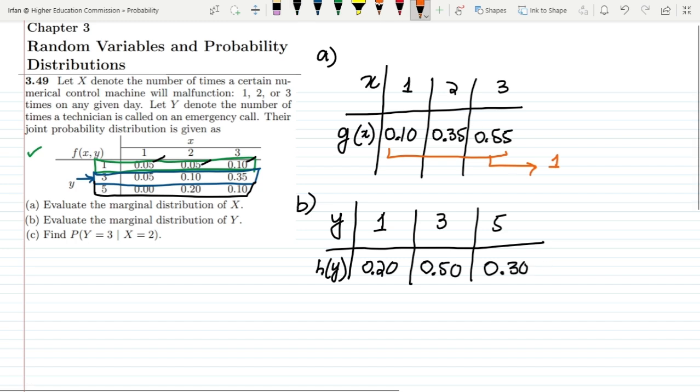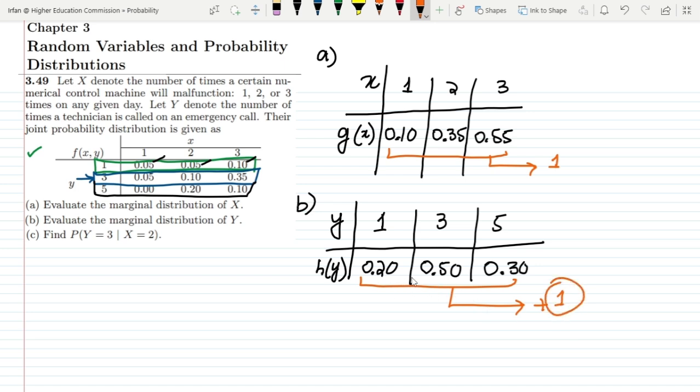Okay, so this is the marginal distribution for y, and again adding them, 0.20, 0.50, 0.30, I will get 1, which is the condition for the probability distribution. So that's it for the marginal distribution of x and y.